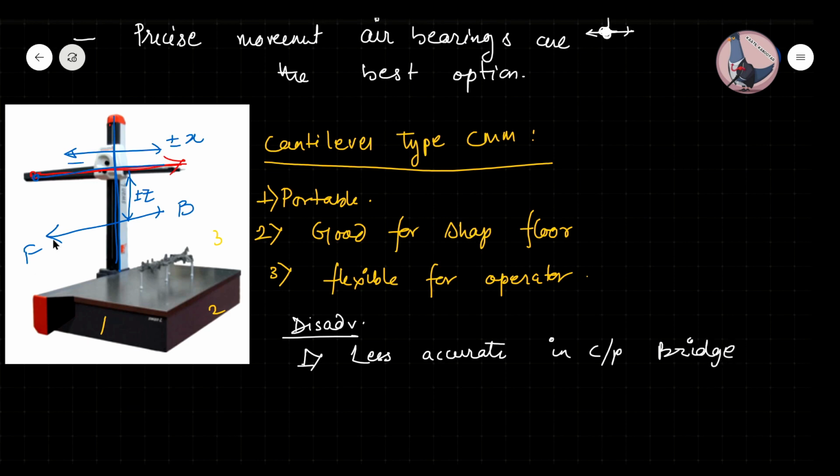And the reason is very simple. You can see that this is a cantilever, and there will be a probing system down here from the tip. So of course, when it moves front and back, the probing system vibrations will be high. Also, if the probing system has some decent weight, that will deform the structure a little bit.